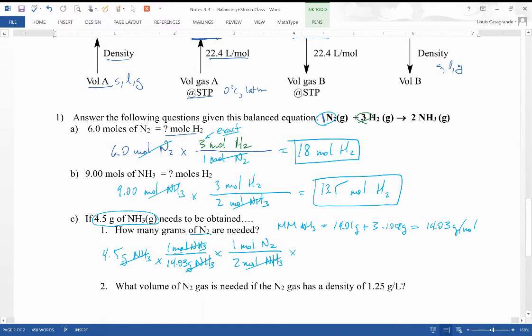We want grams of nitrogen, so we're going to multiply by 2 times 14, 28.02 grams of nitrogen over 1 mole of nitrogen. The moles of nitrogen cancel out. And to 2 sig figs, that's going to give us 3.7 grams of nitrogen.